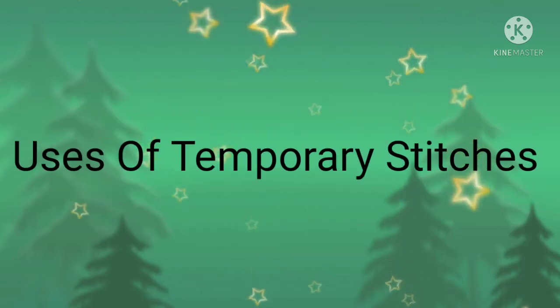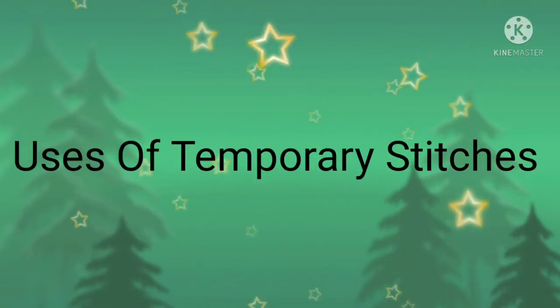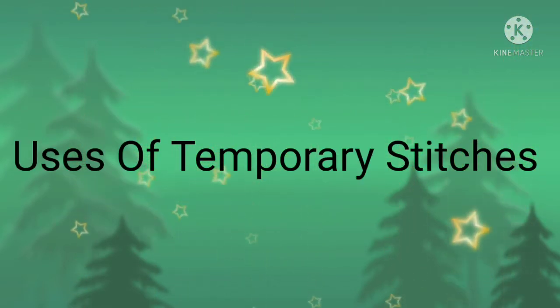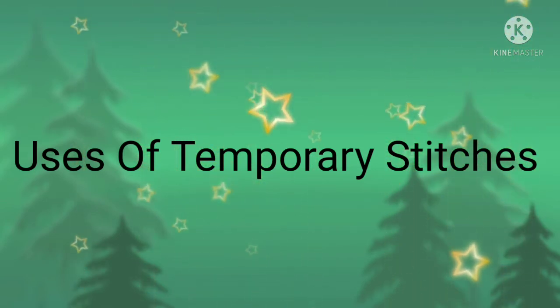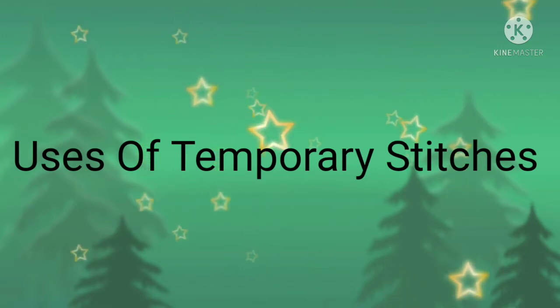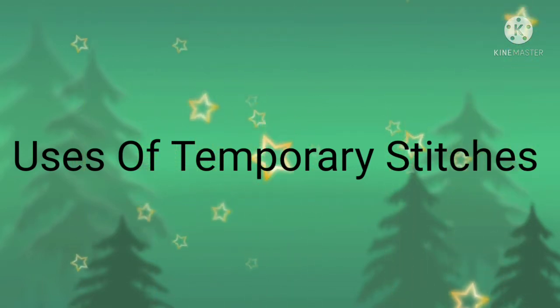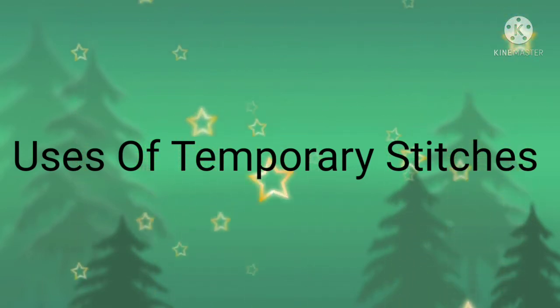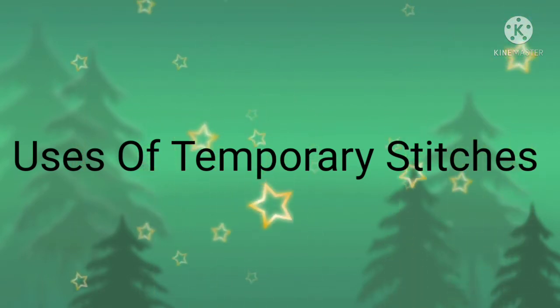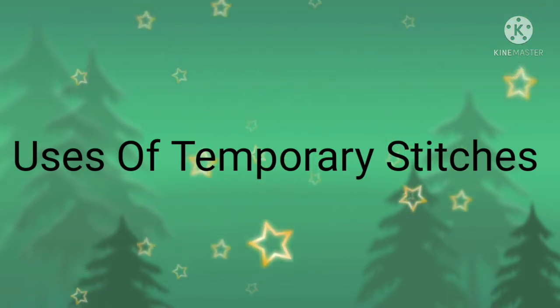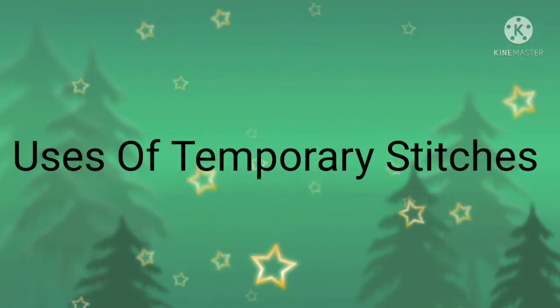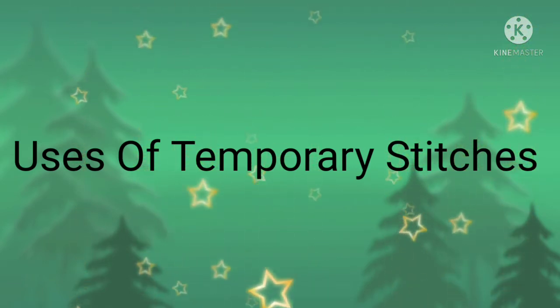Let's look at the first question, the uses of temporary stitches. What are temporary stitches used for? Number one, temporary stitches are used to hold pieces of cloth in position, just as in the definition I earlier said.